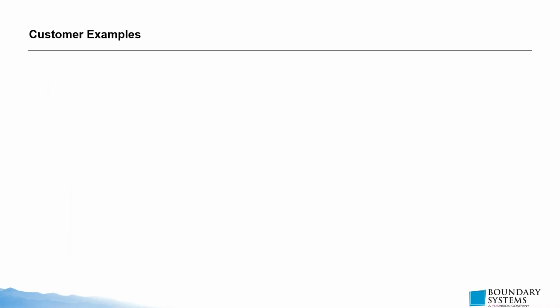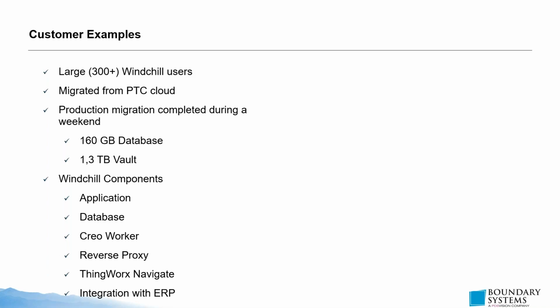Right, some of the customer examples that we've done. This was a very large customer with over 300 Windchill users, migrated from the PDC cloud. When we migrate from the PDC cloud, the initial export or extract of data and configuration is normally done by PDC, and they hand that data over to us.